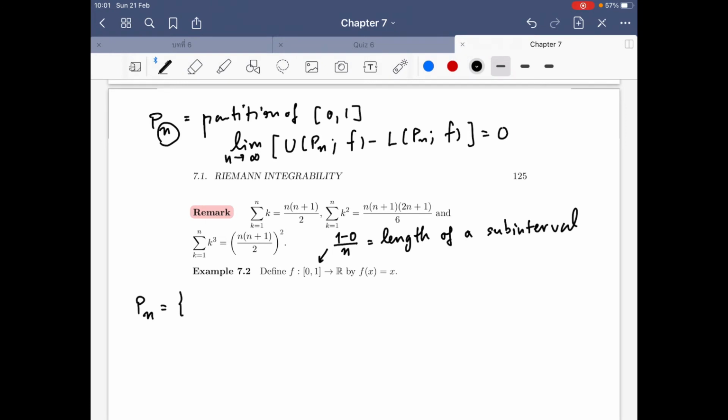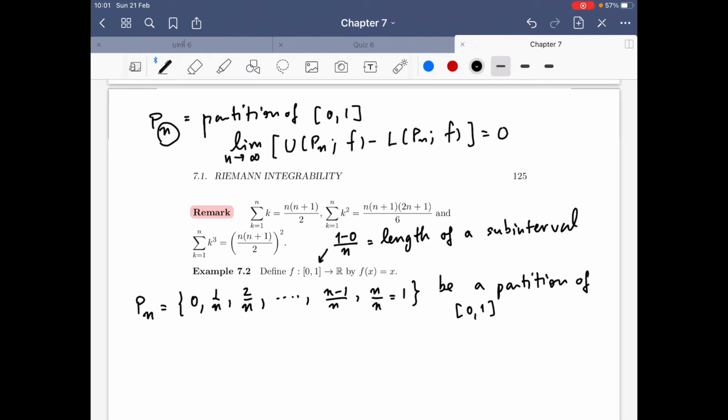So your partition will start from 0, 1 over n, 2 over n, etc., up to the one before the last, n minus 1 over n, and the last one will be n over n. So this is a partition of the interval from 0 to 1. Okay, that's pretty simple, right?